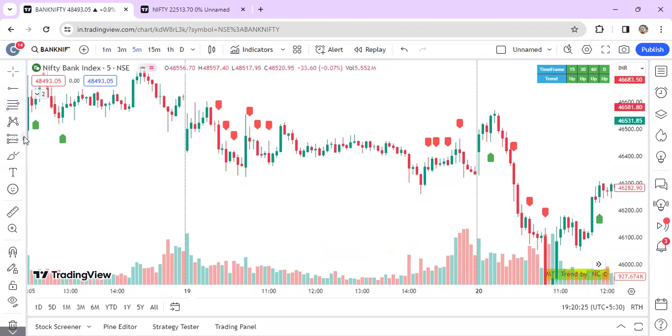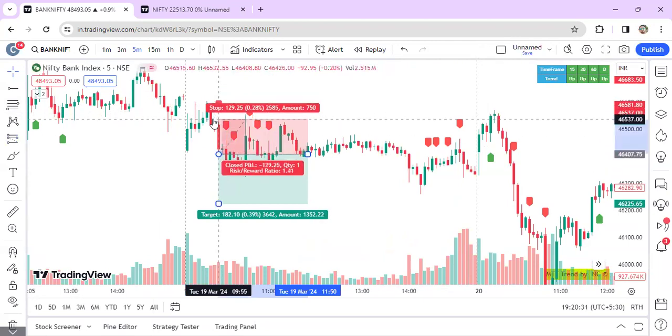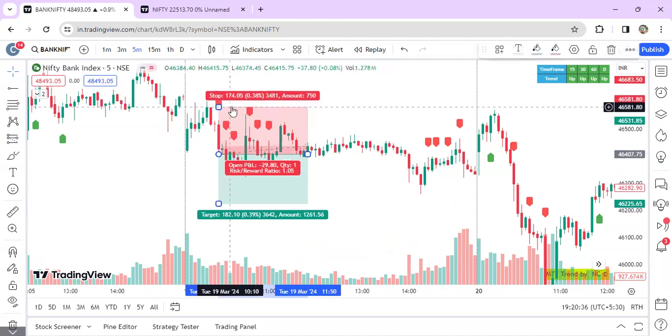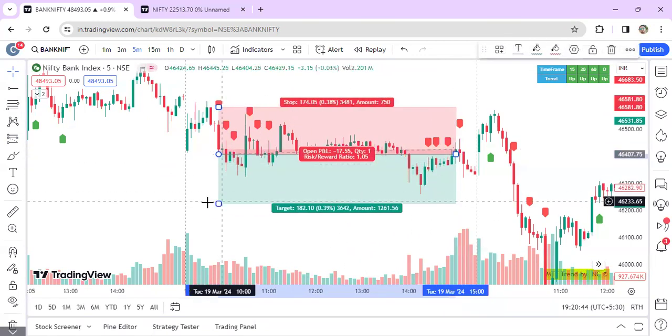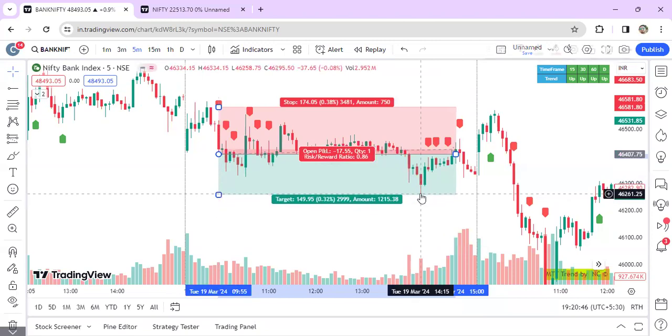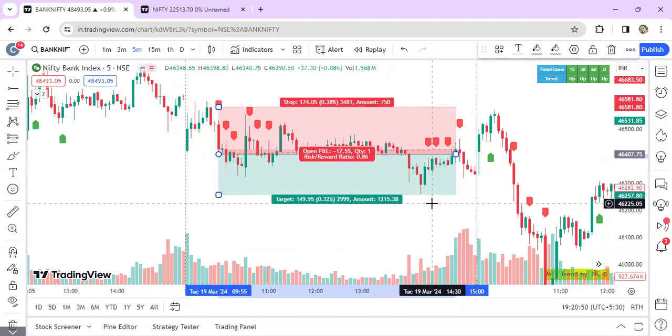Here we got a sell signal generated. Take the short position below this particular candle, and the previous candle is this one, which is quite significantly higher. Take the SL and see our risk to reward is almost 1:0.86.